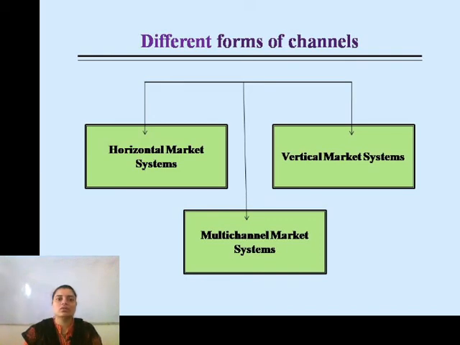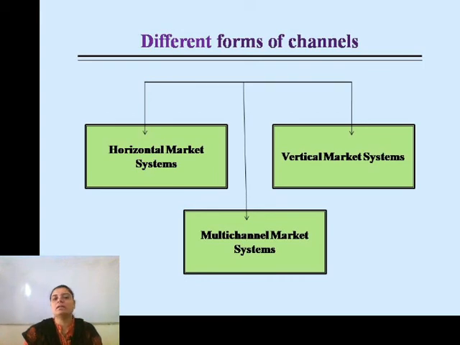Now, the process of designing a hybrid channel system involves identification of channel characteristics, then determining the channel mix properties, and selecting the total number of channels which is required for attaining the desired result. Now, what will be the advantages of the hybrid market system or the multiple channel system? The first is the companies can enter untouched market segments.